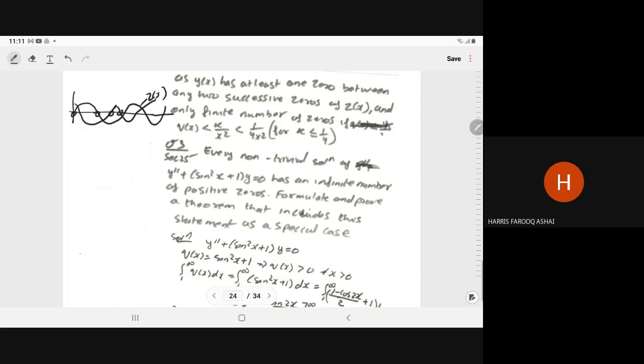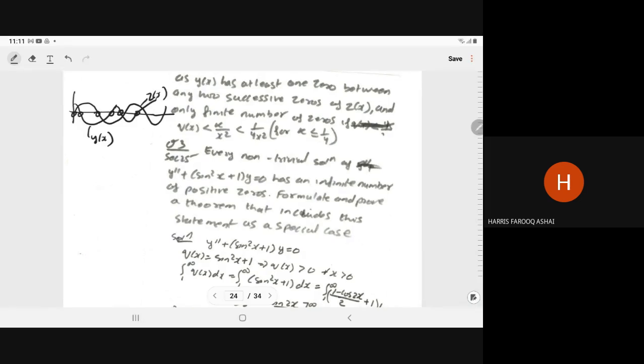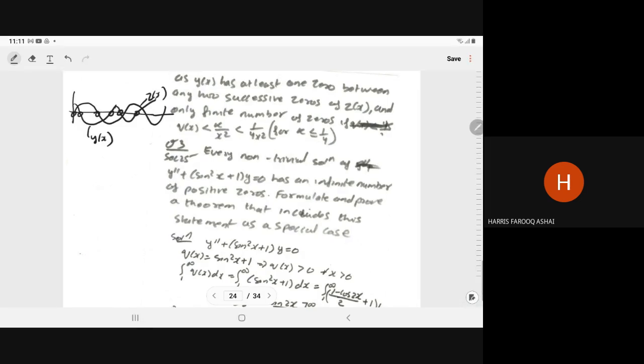It may be two, it may be one, but at least one there must be. So it shows that y(x) also has infinitely many zeros, and only a finite number of zeros when q(x) is less than k upon x square.